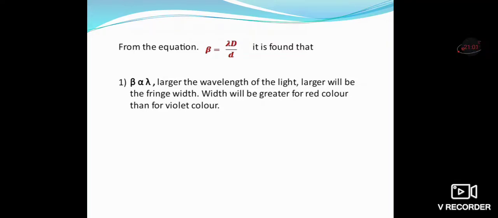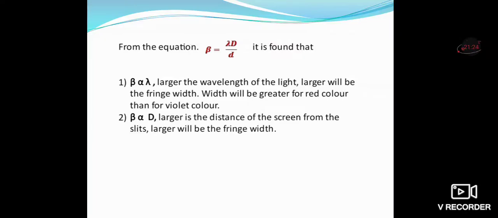Therefore, the width will be greater for red color than violet color, because red has the maximum wavelength and violet has a very small wavelength. If the wavelength is more, the fringe width is also larger.